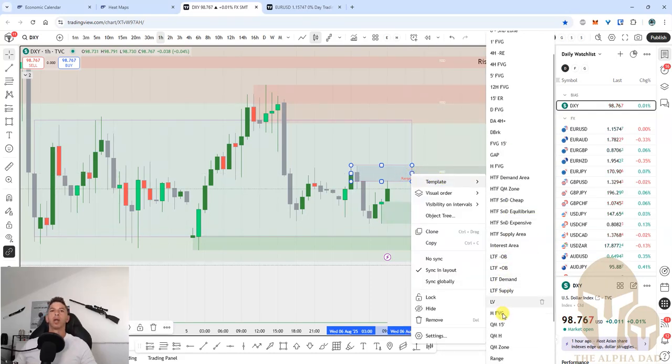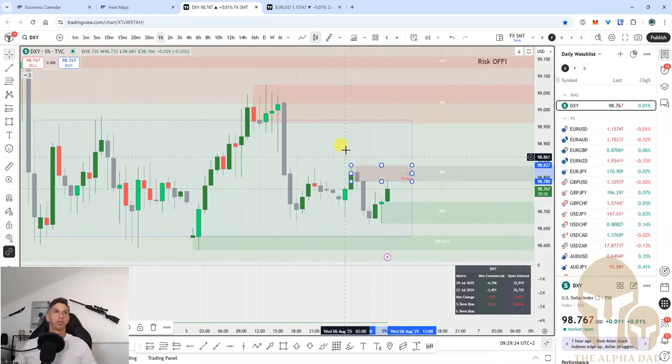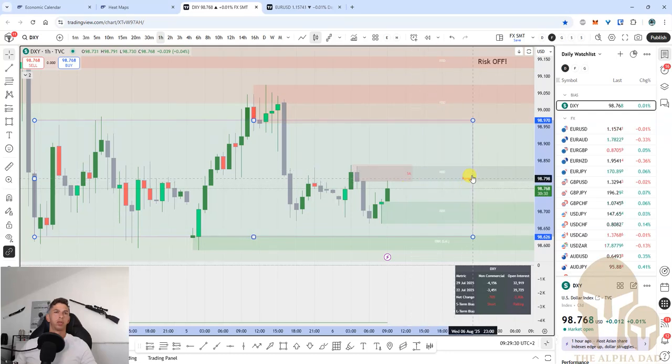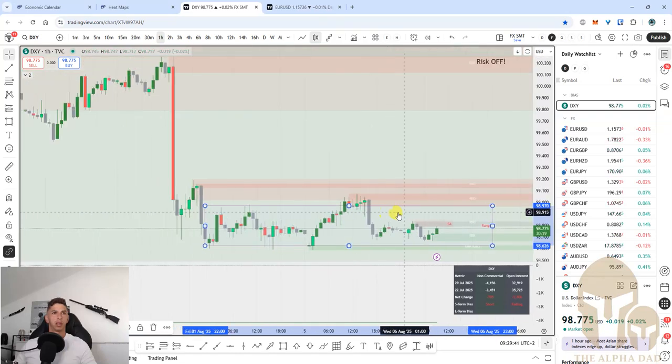Lower time frame supply. But we have another demand zone right below here, but we're expecting lower lows and lower highs, right?